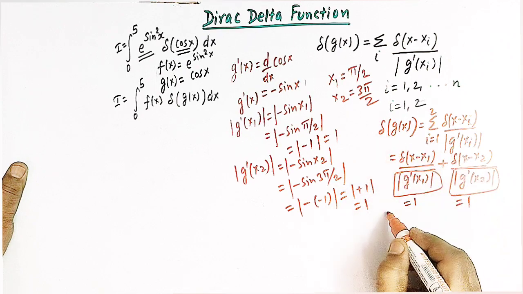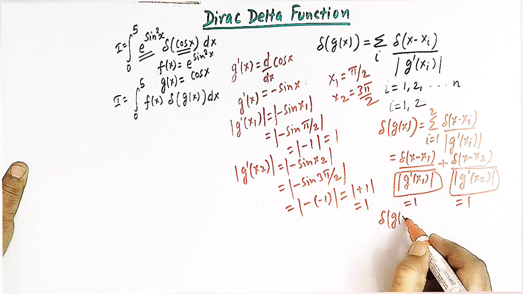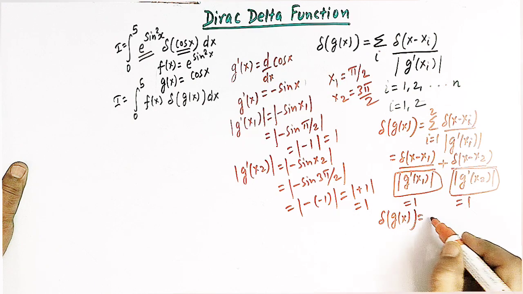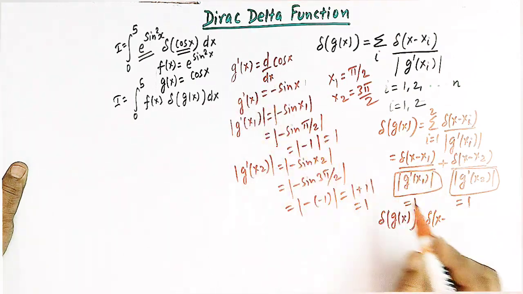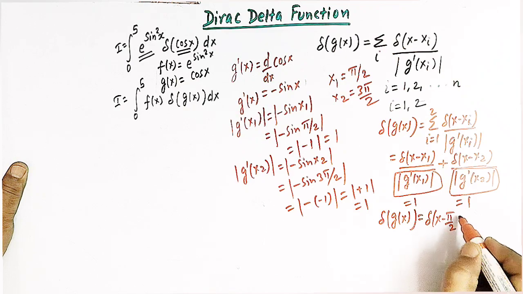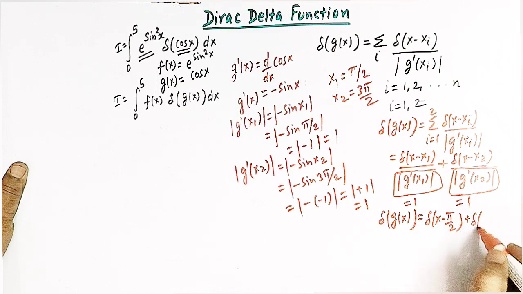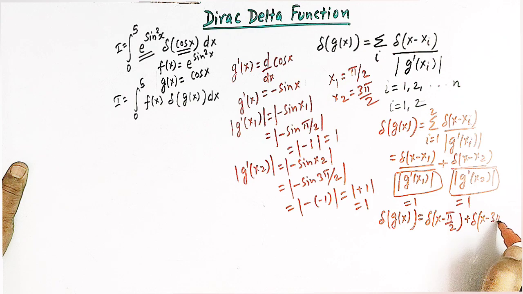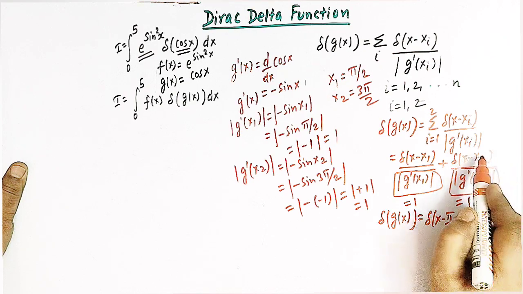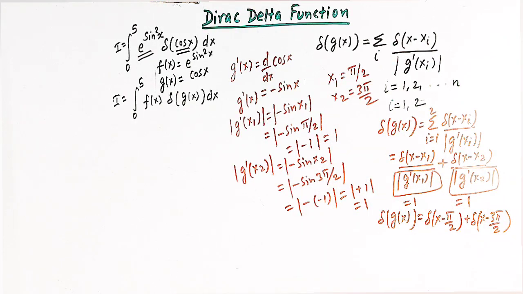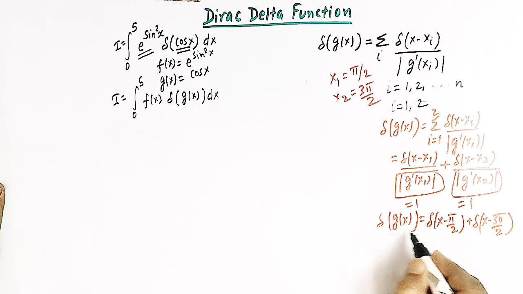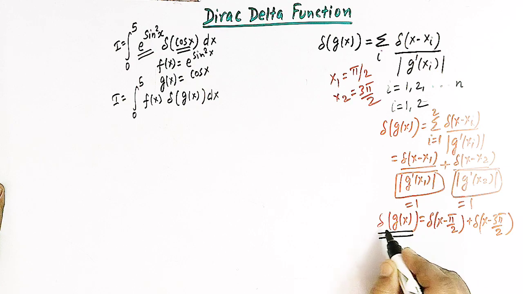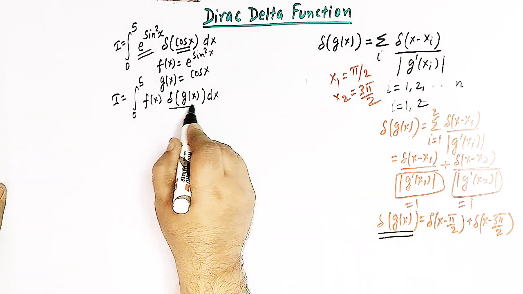So now delta of g of x reduces to delta of x minus pi by 2 plus delta of x minus 3 pi by 2, because x1 is pi by 2 and x2 is 3 pi by 2. Now let us substitute this value of delta of g of x over here.